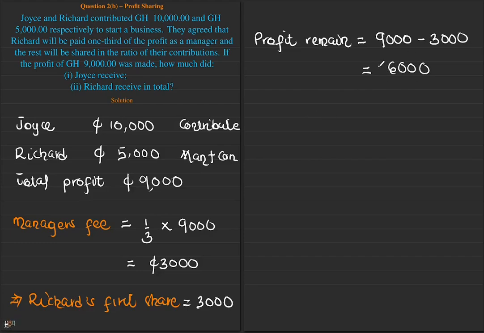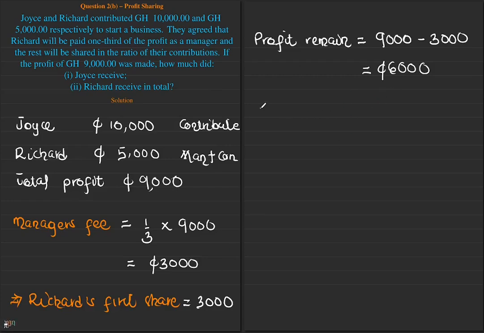Now it is this 6,000 cedis that is going to be shared in the given ratio. We are told that it is going to be shared in the ratio of their contributions. So we would first need to get the ratio of contribution.